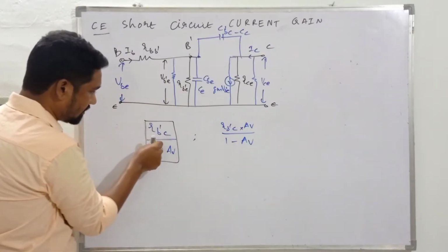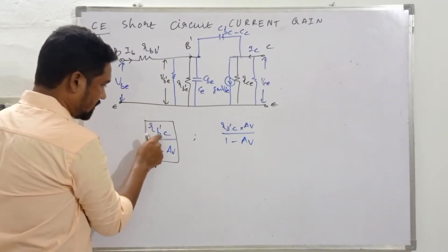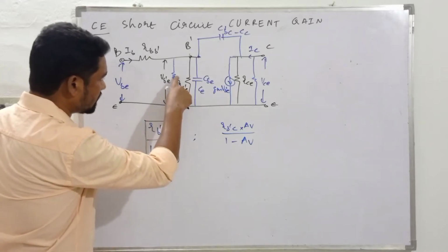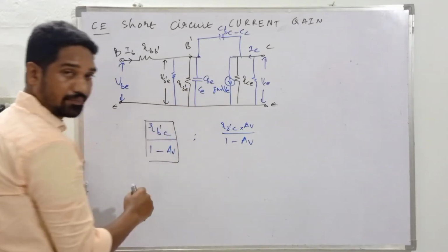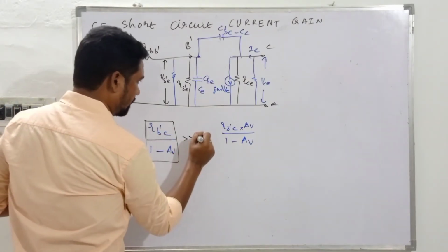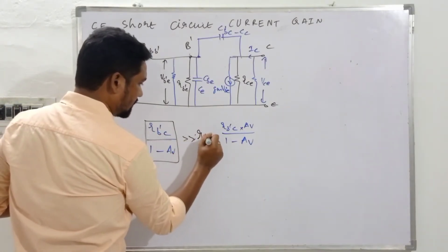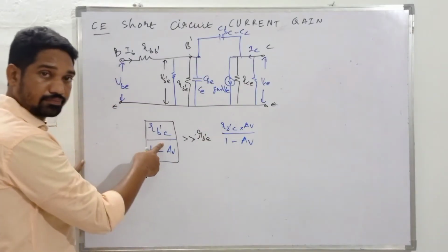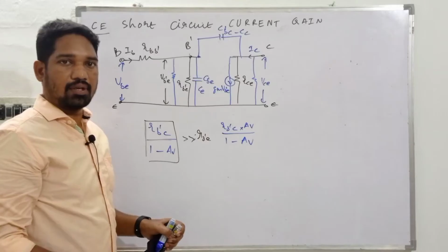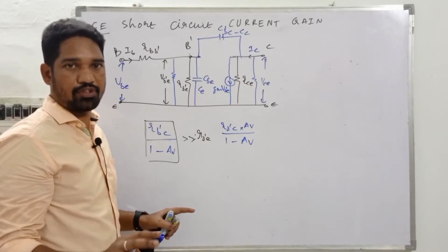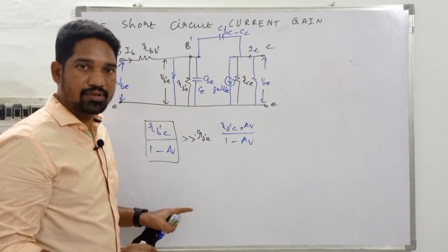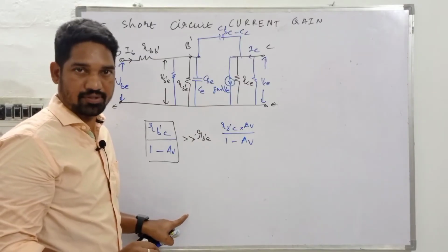We are placing RB'C by 1 minus AV of resistance over here, which is in shunt with RB'E. This value is very high when compared to RB'E. And from the fundamentals of resistances, when two resistances are in shunt, a higher value and a lower value, the resultant resistance will be equal to the lower value resistance, isn't it?